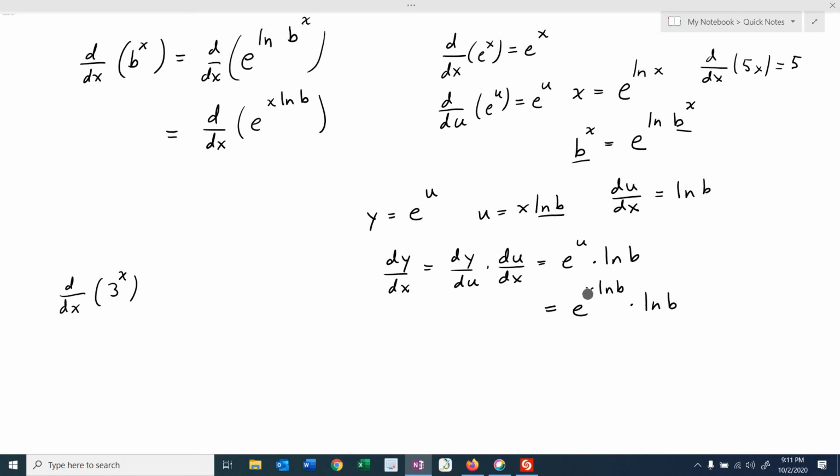Now we're going to reverse this. We're going to actually pull this x in front back up as an exponent, since those are the same thing. And the reason we're doing that is because since these are inverse functions of each other, that's the same as b raised to the x power.